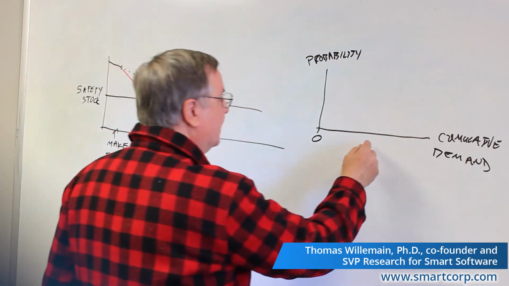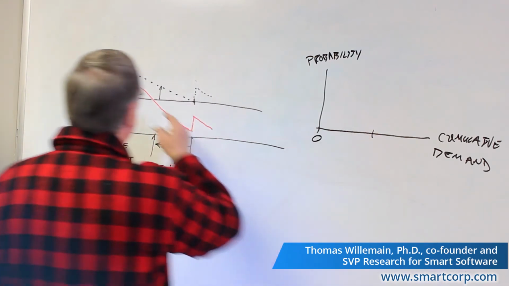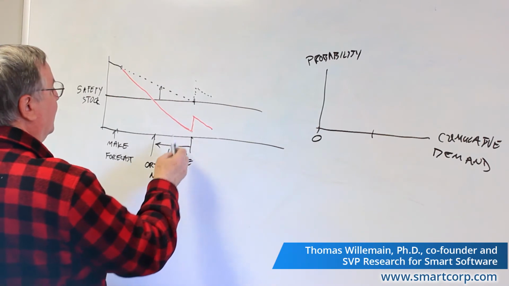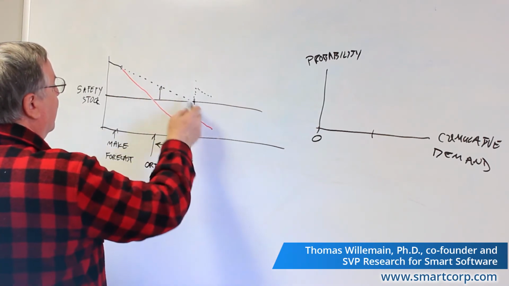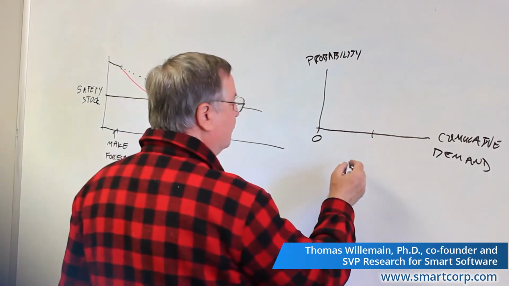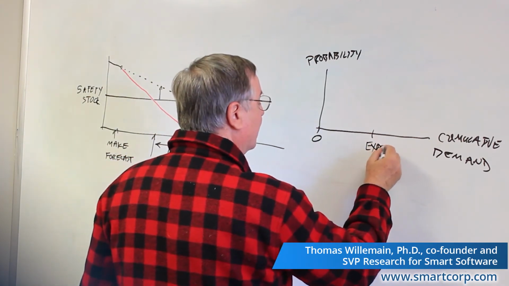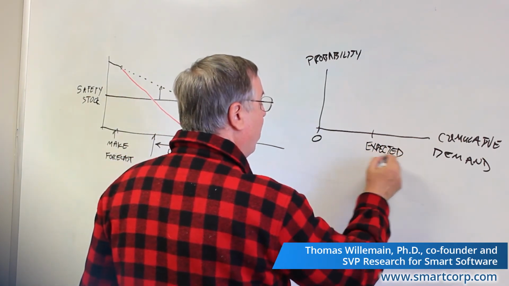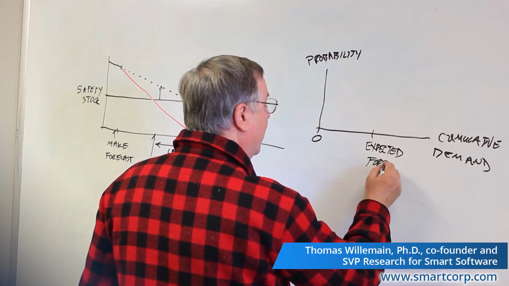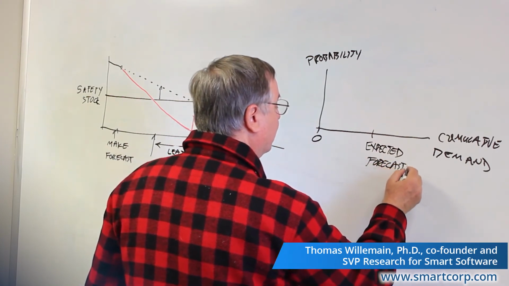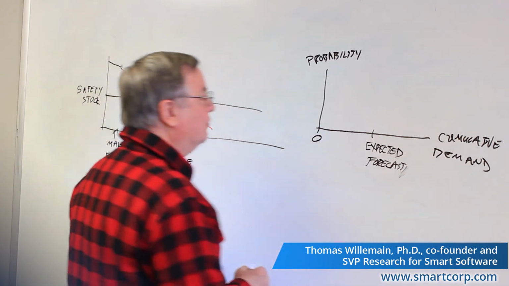And we have an expected forecast, that's this dotted line, and it says we think that there'll be a certain total demand over the lead time. So this is the expected forecast. And usually the one we're planning from is the one that's most likely.